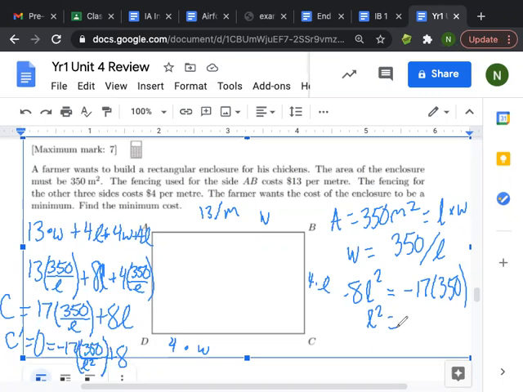Seventeen times 350 divided by 8 is 743.75. Sure. And then the square root, 27.27.